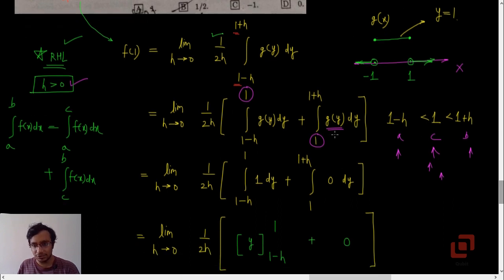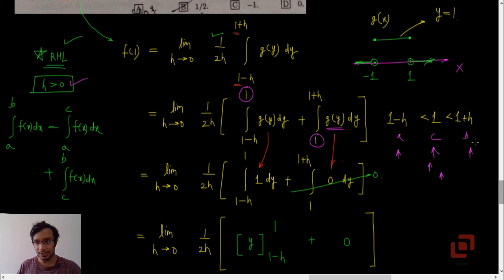That allows us to write g of y to be 0 here and g of y to be 1 here, because now we are in the interval -1 to 1. So there is no need to worry about the second integral now, because the function itself is 0.